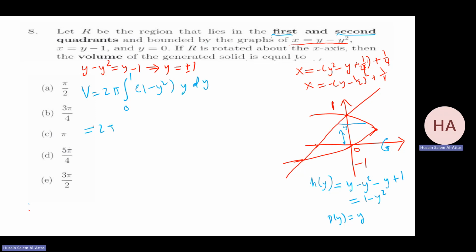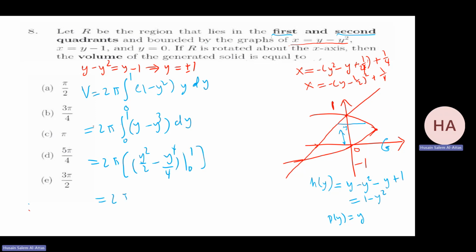The rest is just calculation. 0 to 1, y minus y cubed dy. That will be 2 pi times y squared over 2 minus y to the power 4 over 4 from 0 to 1. That will be 2 pi times half minus 1 over 4, which is 1 over 4 times 2 times pi. That will be pi over 2.